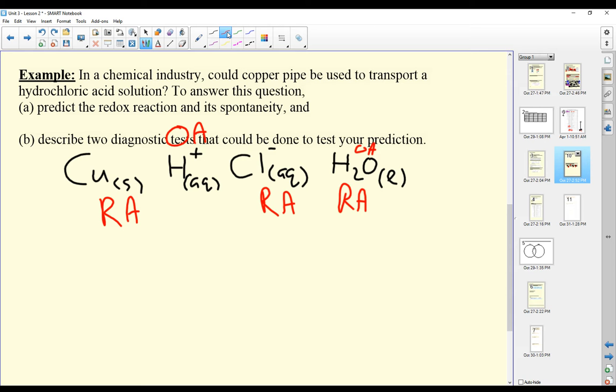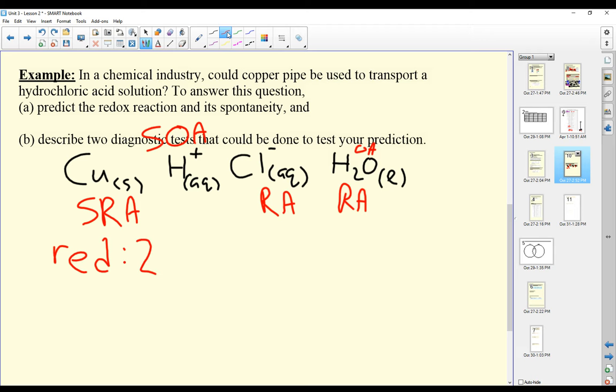Metals, as a solid in their atom form, are going to be our best reducing agent, and copper solid will be our SRA. If you'd like to go over to the table and check that out, please pause the video, click now, and go do that. And then what we also find is that H plus is our strongest oxidizing agent. So our reduction reaction is our H plus because our strongest oxidizing agent undergoes reduction.